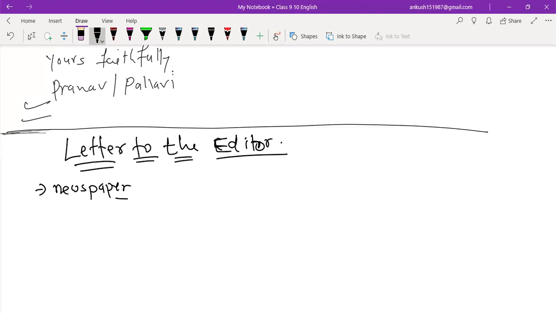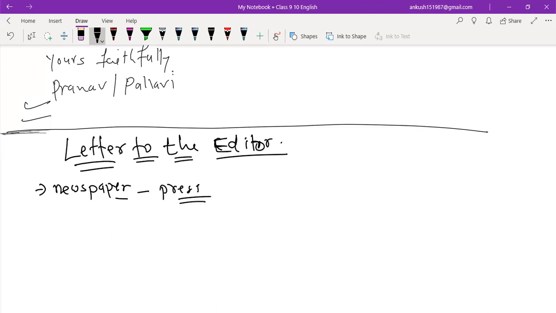So who is the editor? Generally, news editors. We write this letter to the editor of a newspaper, about things we talk about and read in day-to-day life, in a newspaper, magazine or any periodicals. This is related to the press.